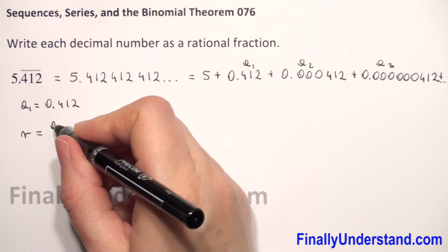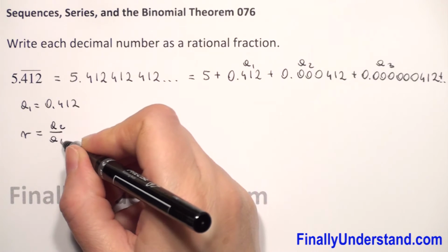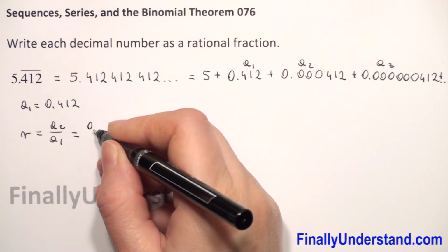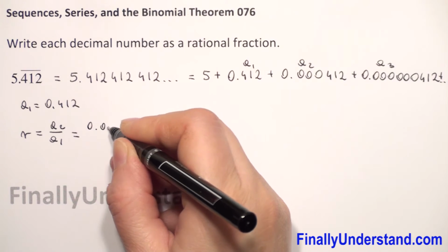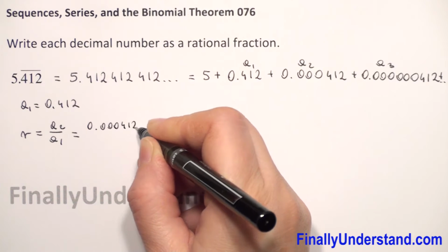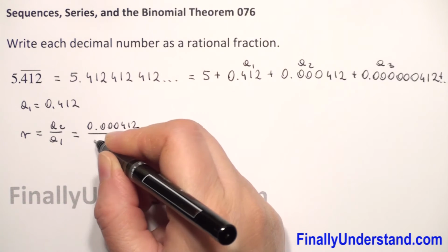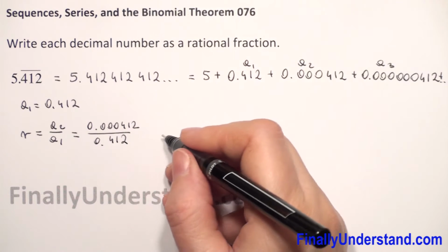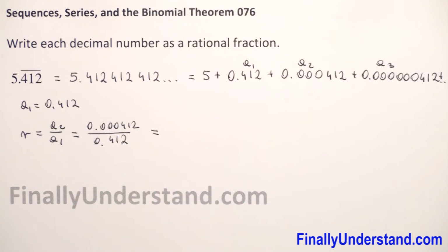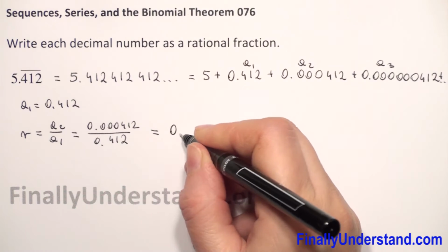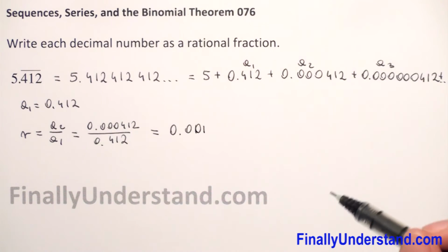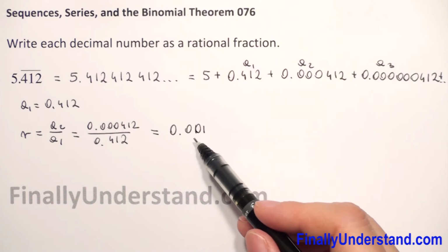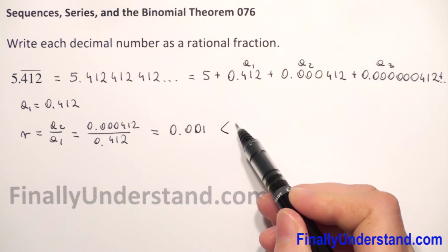So a2 over a1 is 0.000412 divided by 0.412. So this is equal to 0.001. So we have r, we have the first term, and we see that r is less than 1.